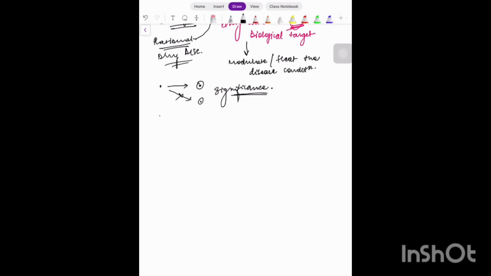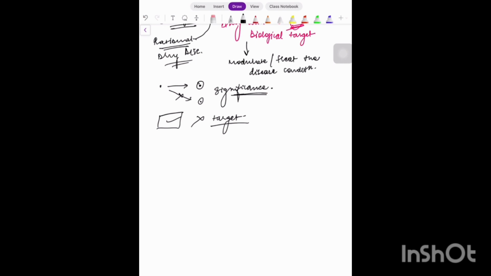But if I don't know who the bride is, I have no idea of her size, her color, or her preferences, and I have not identified her, just as we have not identified our target, will it make sense for me to purchase the dress? No. That dress is of no use then. Therefore target identification is important.